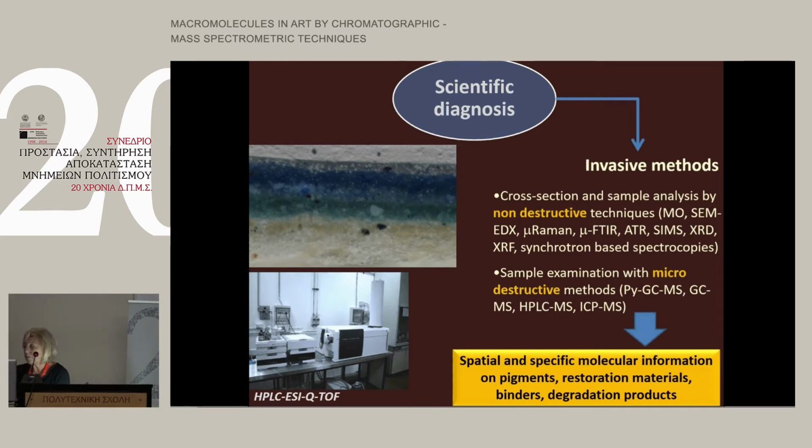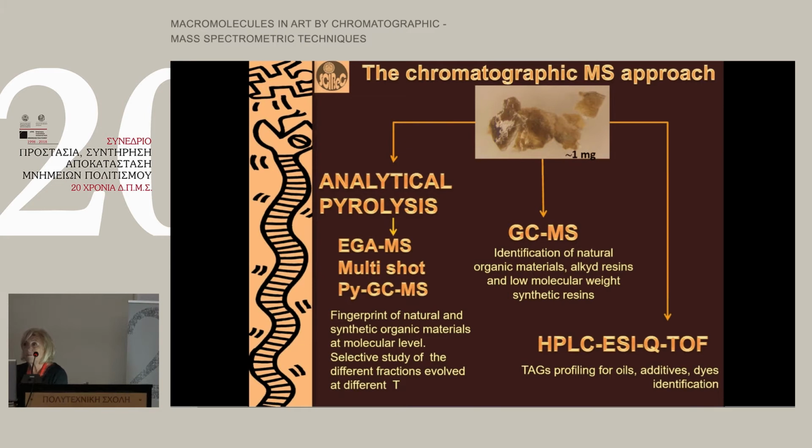For that, I have developed the so-called chromatographic MS approach, which means that on a tiny representative sample, I can apply more than one technique. First of all, analytical pyrolysis, which gives us the thermal features of the sample by using the EGA technique, and then by using multi-step, multi-shot pyrolysis techniques, I can have the fingerprint of all the material contained, both natural and synthetic.